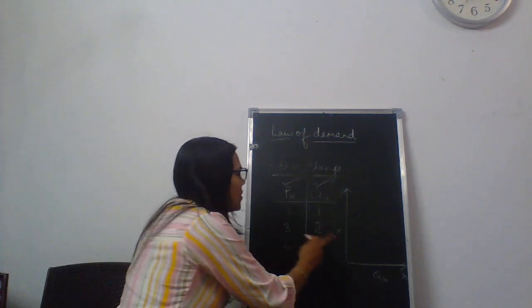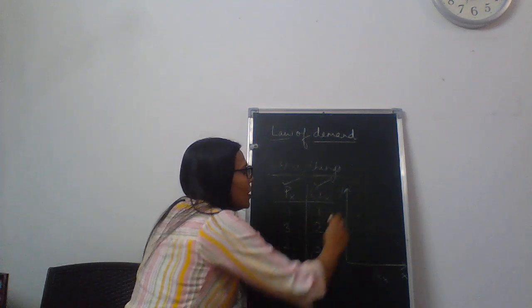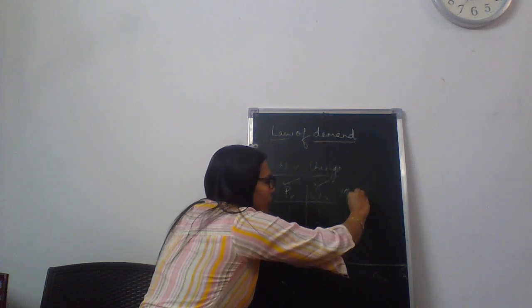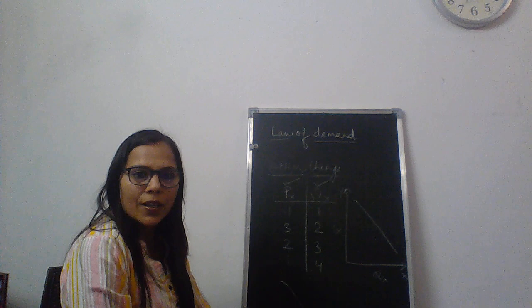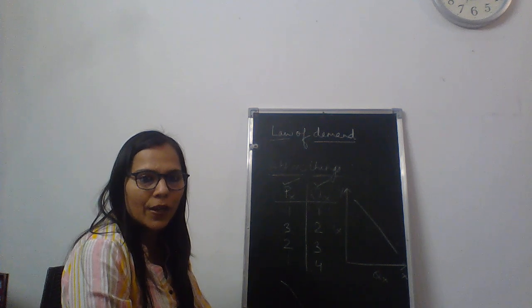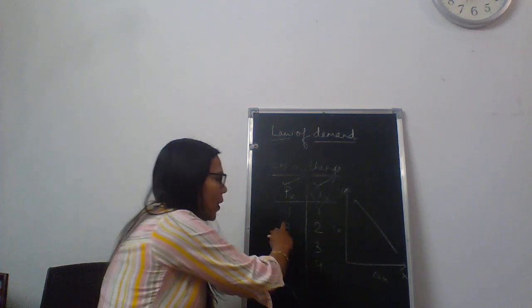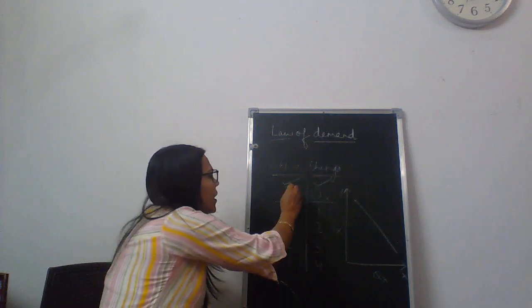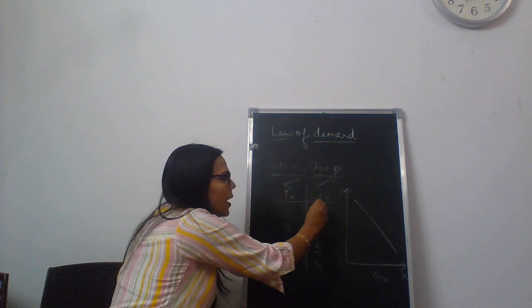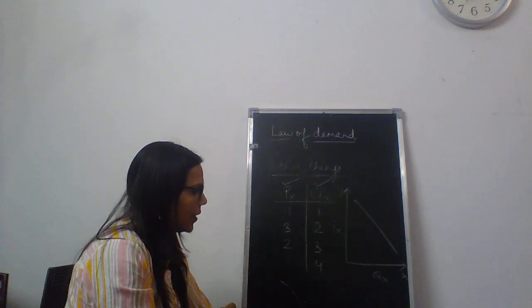Now when we try to plot it, children, the curve will assume this shape. Downward sloping curve. Why? Because there is negative or inverse relation between the price and quantity demanded.